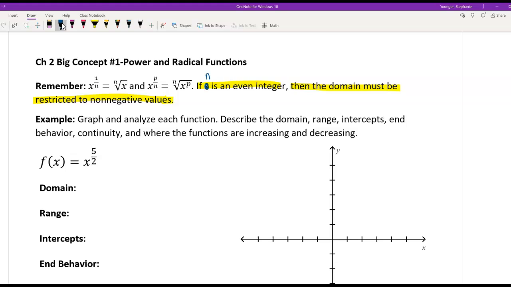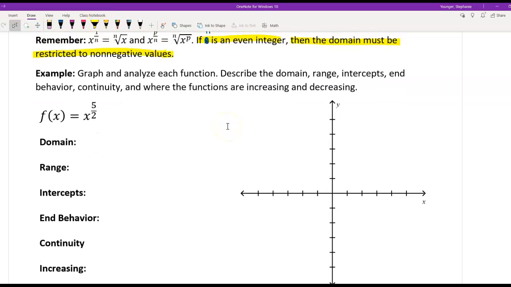So let's graph and analyze each of these functions, and then we're going to describe each piece. First we have f of x equals x to the 5 halves. How could I rewrite this? This is the same thing as f of x equals the square root of x to the 5th, where 2 is the index, meaning my square root.